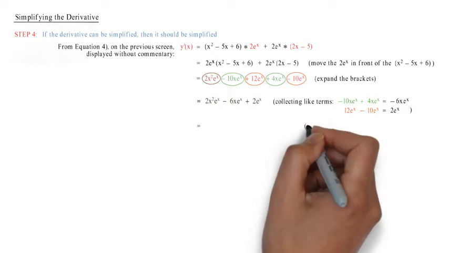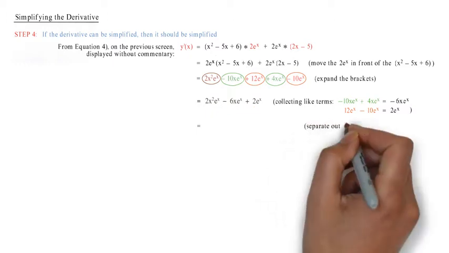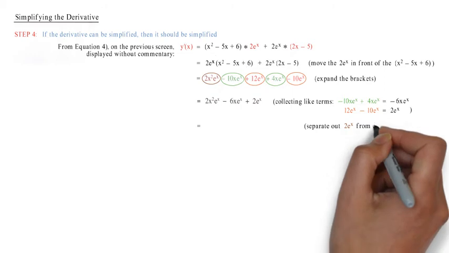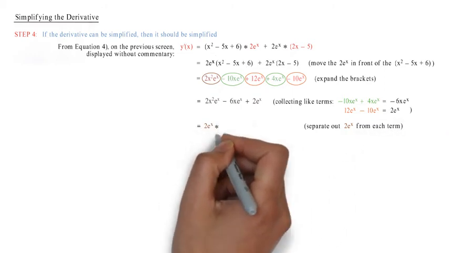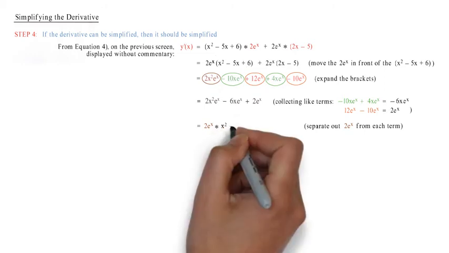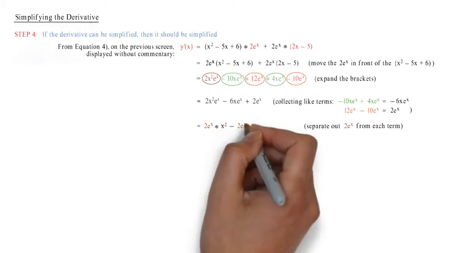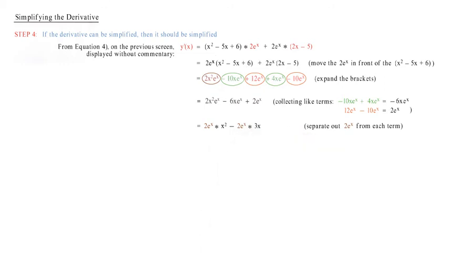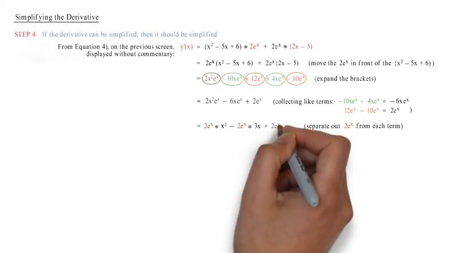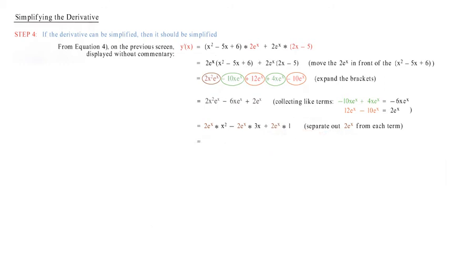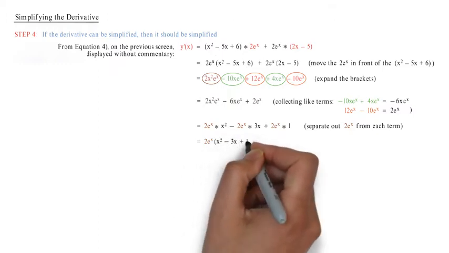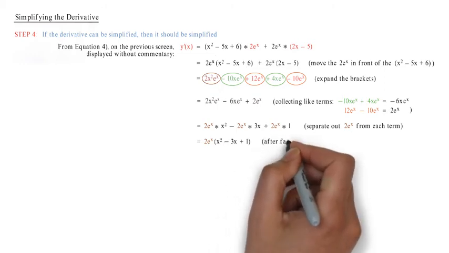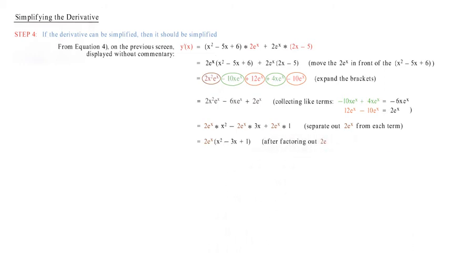equals, separate out 2e to the x from each term. 2e to the x times x squared minus 2e to the x times 3x plus 2e to the x times 1 equals 2e to the x into x squared minus 3x plus 1, after factoring out 2e to the x.